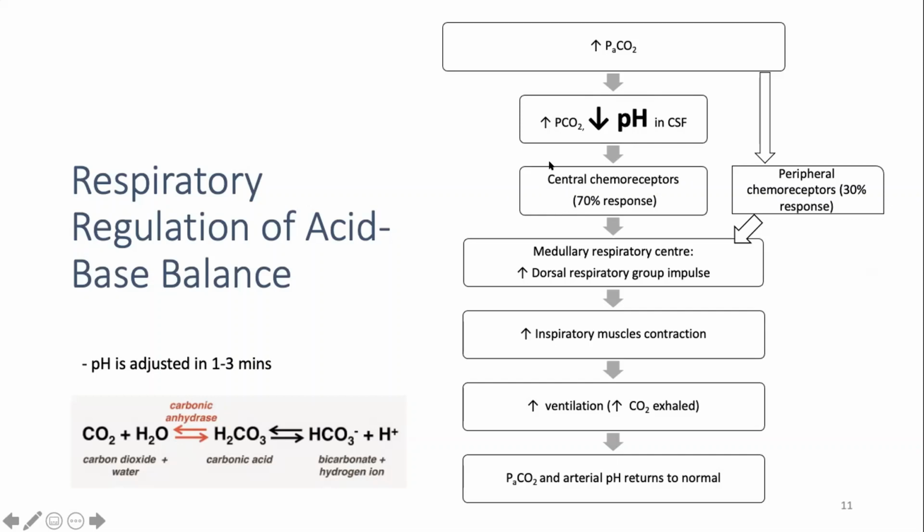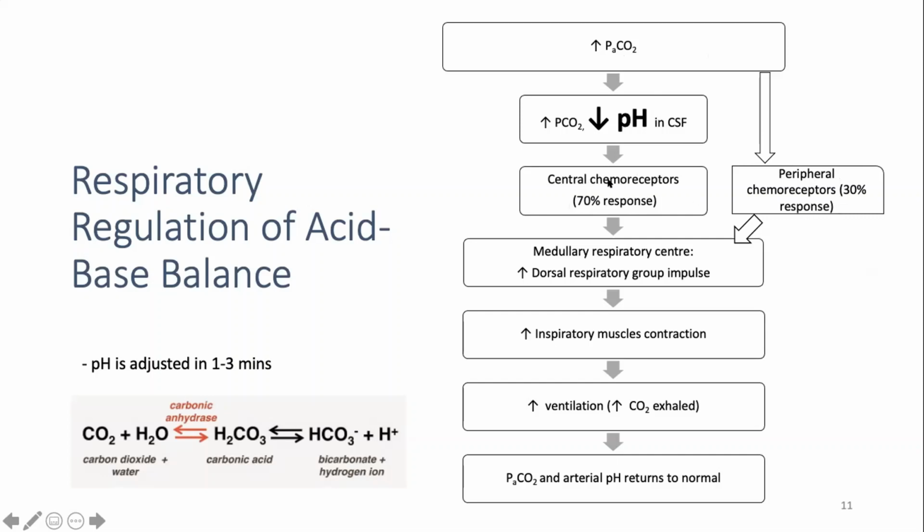These central chemoreceptors are located in the medulla, and they generate most of the response towards increasing the ventilation. Okay, 70% of the response comes from the central chemoreceptor. Of course, the carbon dioxide itself may also stimulate the peripheral chemoreceptors, which are the aortic and the carotid chemoreceptors, but at a much smaller portion, about 30%.